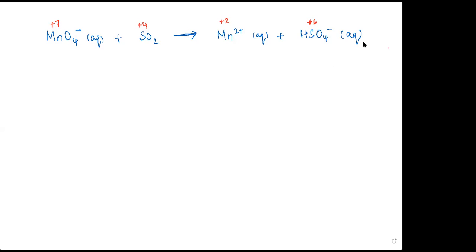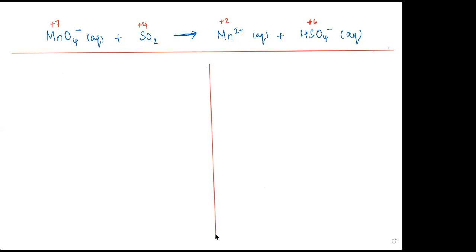All right. So, which is the oxidation half reaction and which is the reduction half? Mn plus 7 to Mn plus 2 is oxidation, and sulfur plus 4 to sulfur plus 6 is reduction. Okay, so let's split it and write it here.